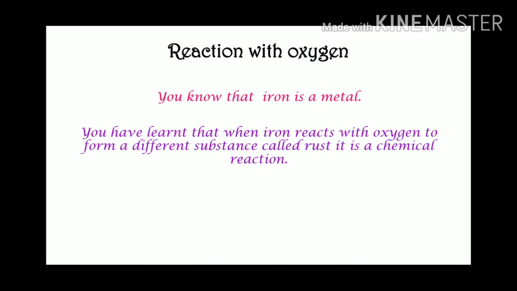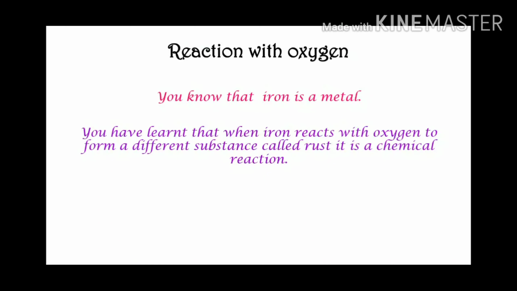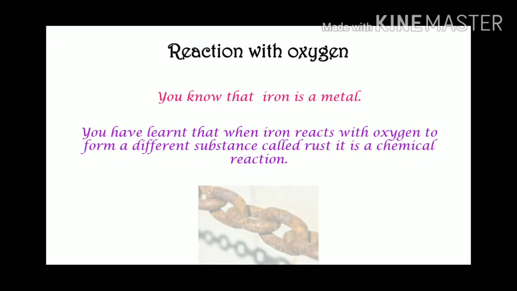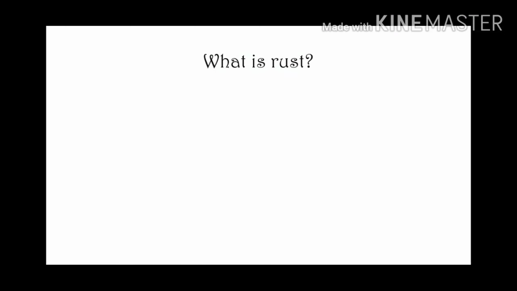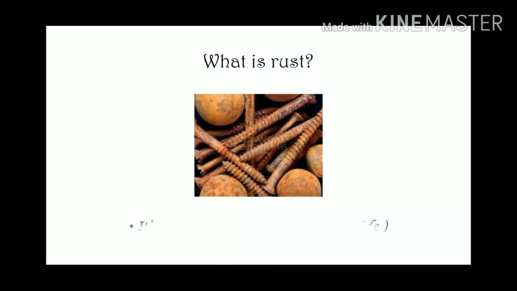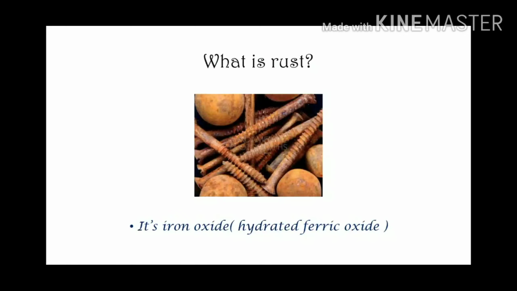Reaction with oxygen. You know that iron is a metal. You have learned that when iron reacts with oxygen to form a different substance called rust, it is a chemical reaction. What is rust? It's iron oxide and also called hydrated ferric oxide.